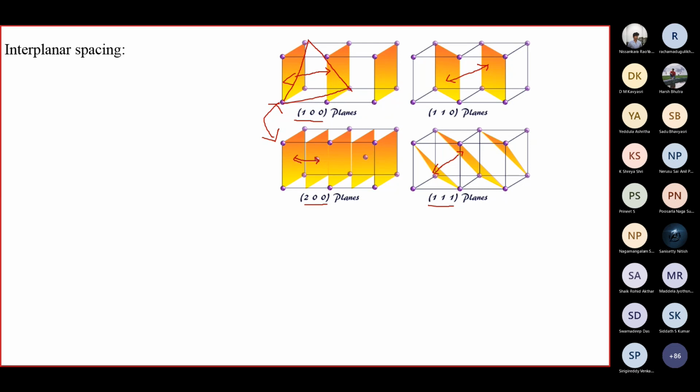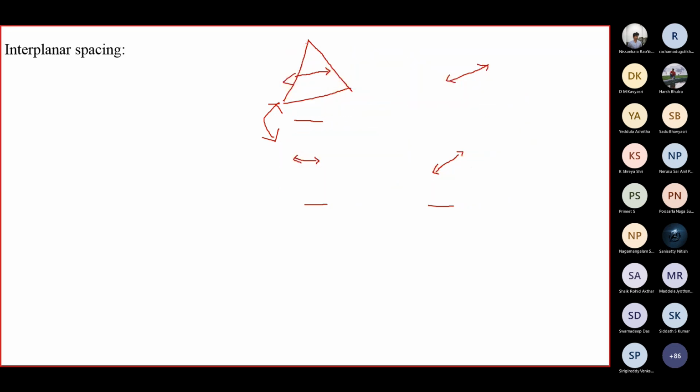So when we say 1, 0, 0, we also need to know the interplanar spacing for this 1, 0, 0 plane. Otherwise, we cannot construct that crystal lattice. So let's see how to evaluate this interplanar spacing, or can we get a formula so that we can easily tell the interplanar spacing in a particular set of planes.